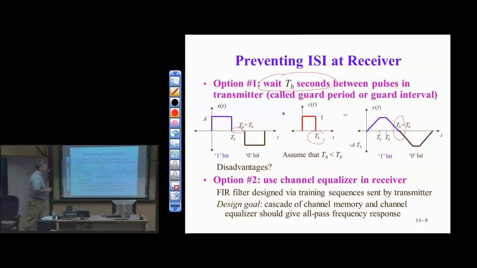So in practice, we tend to do something at the transmitter side and something at the receiver side to combat intersymbol interference. It's usually not an either-or in many standards today, two-way communications. So the transmitter side would be the waiting? Yeah, that's the transmitter side. Right. So option 1 is the transmitter solution. Option 2 is the receiver solution.